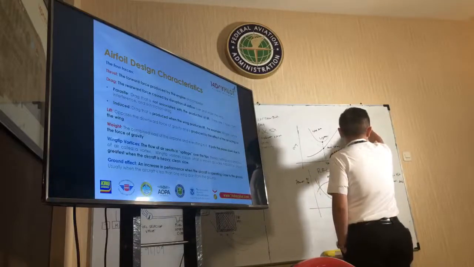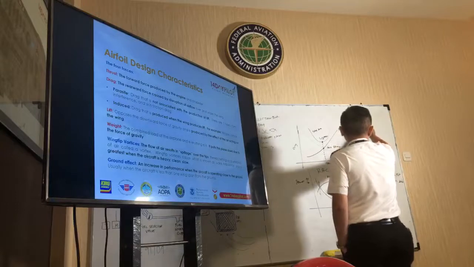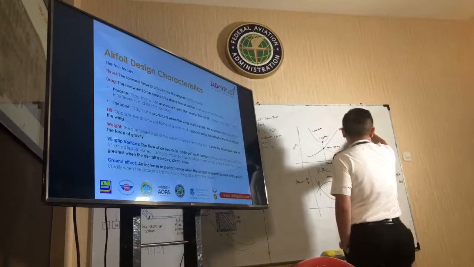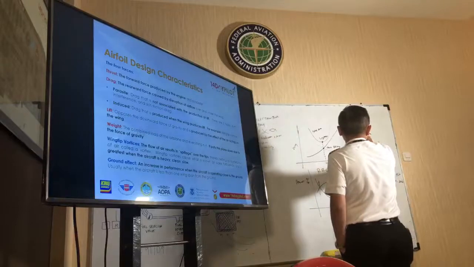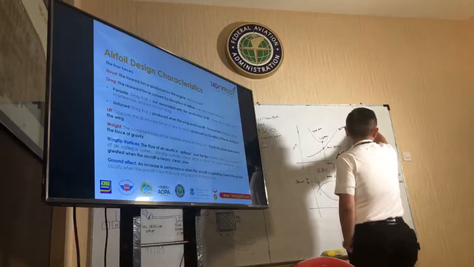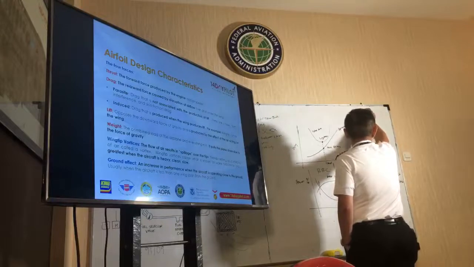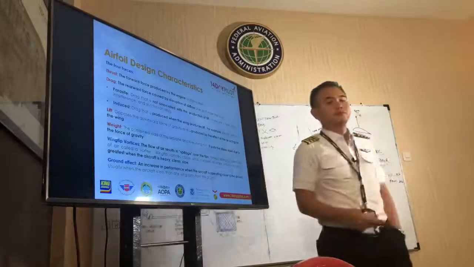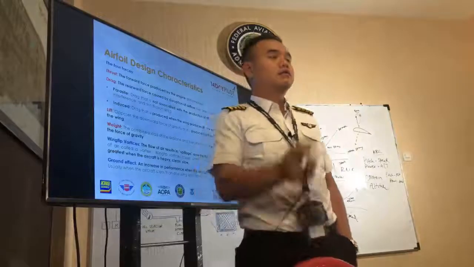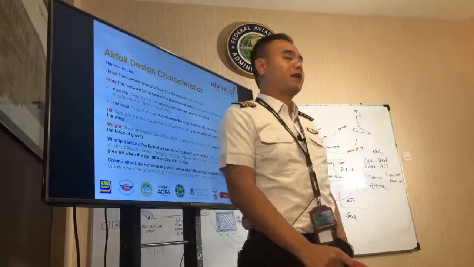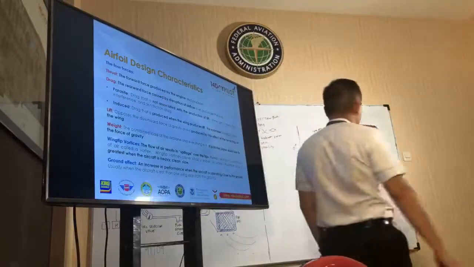So this is the lift, and when you climb, you put more back pressure. This is your new lift, right? And then you have a backward component of lift. That is your induced drag. The first is the backward component of lift, and the second one is the wingtip vortices.